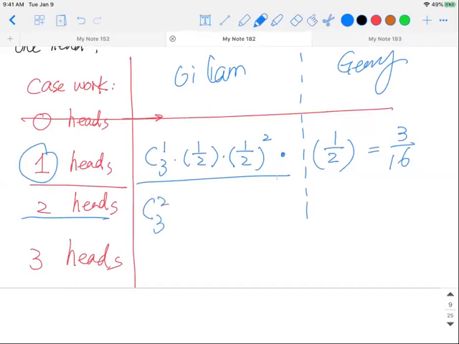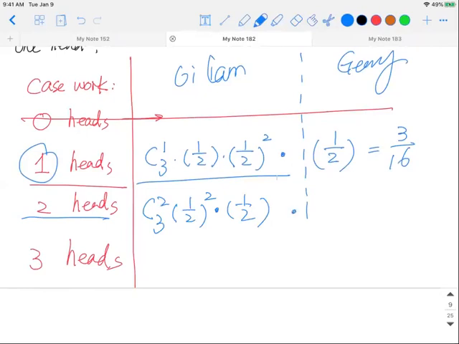C(3,2): from these 3 tosses, Oi Lim tossed out 2 heads. Each head has 50%, so twice is 1 over 2 to the power of 2, and he also has a tail, which is also 50%. This is the probability for Oi Lim.